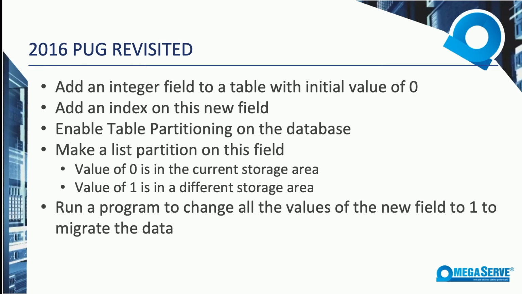So as you have a row in a table with a value of 0 in storage area A, you just update that value to 1, and now that data has to migrate from storage area A to storage area B. This all happens online because table partitioning is designed to be an online utility. It's going to move your data into a fresh storage area, in the order that you want. You can use any index that you want to get it to move, because you're just writing a 4GL program.